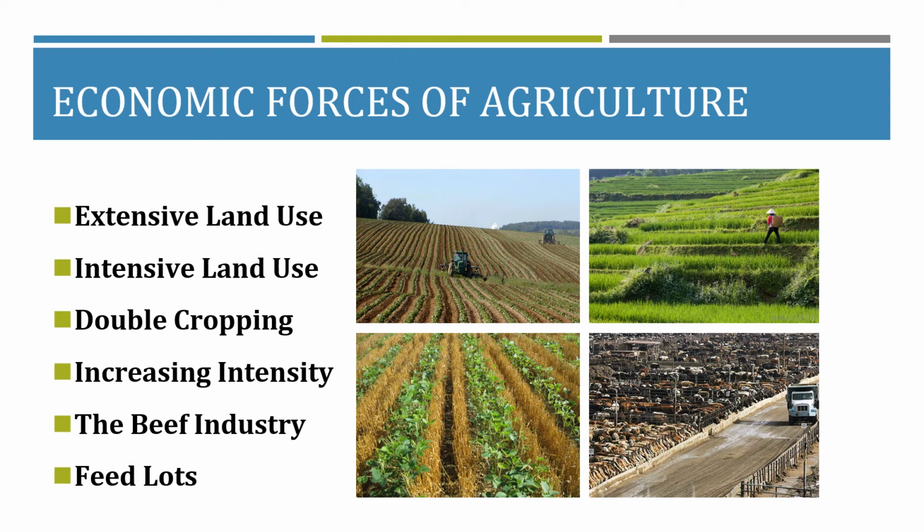So we've taken an industry that used to be extensive and we're turning it intensive, meaning that instead of letting these cows graze over lots and lots of acres, now we put them in little pens and just feed them lots of corn. And so it's a lot less land to be able to grow even more cows. And so that is an issue that you're going to see in this week's film that you're going to watch called Food.